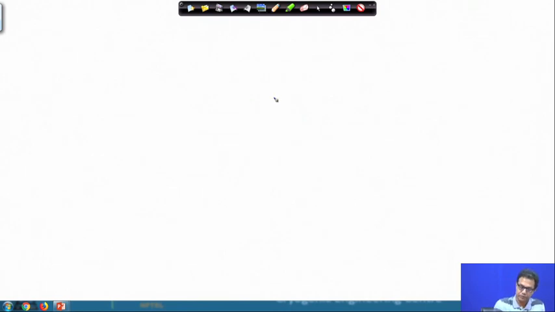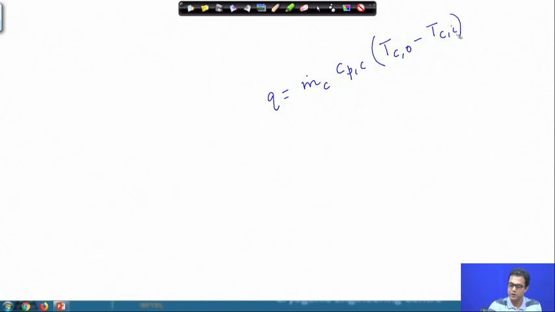Q is equal to m dot C CpC and then TC out minus TC in, and that is equal to m dot H CpH and TH in minus TH out.